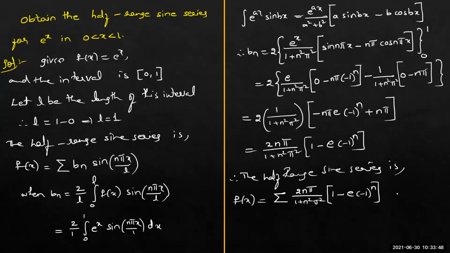All this is bn, and this multiplied by sine n pi x by l. Sine n pi x by l is anyway 1, you see, that's why I'm only writing this much. So this is the series, and if you want you can actually split it into multiple terms, but anyway I'm not interested. Let us just stop here. That's the half range sine series for the function e power x, right?